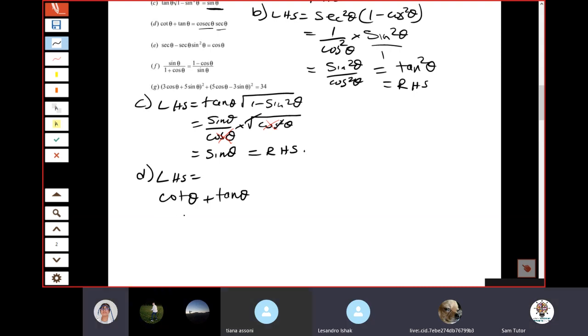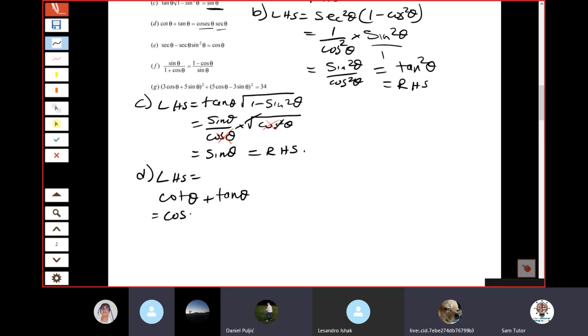It does, but I don't want to use that one. What's the other one? Cos theta over sine theta. Why did I know to use cos over sine? Because I look at cosec and sec. Are they in terms of tans, or in terms of sines and coses? Sines and coses. So that's how I know to change these to sines and coses instead of leaving them as tans. Makes sense? Yeah. Plus tan theta. What does tan theta become?